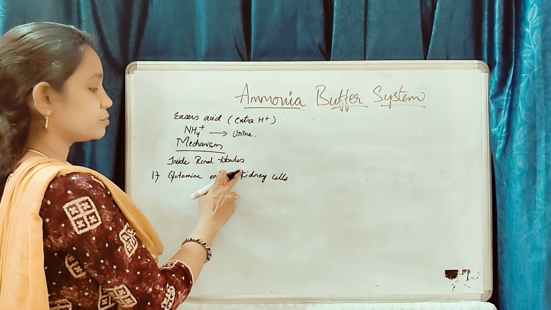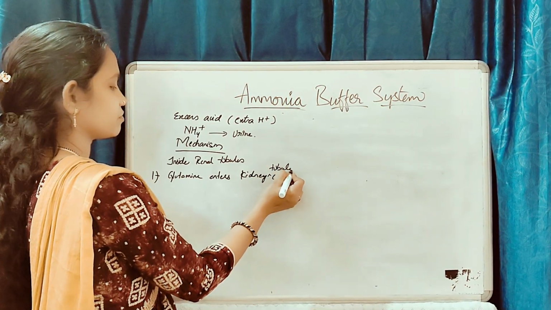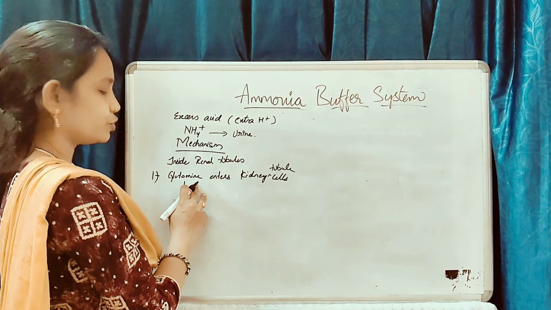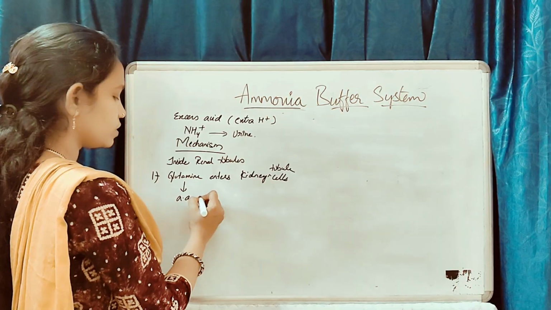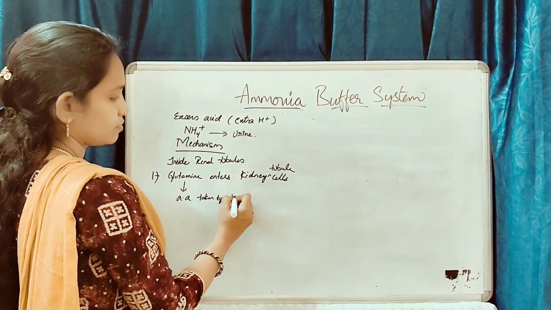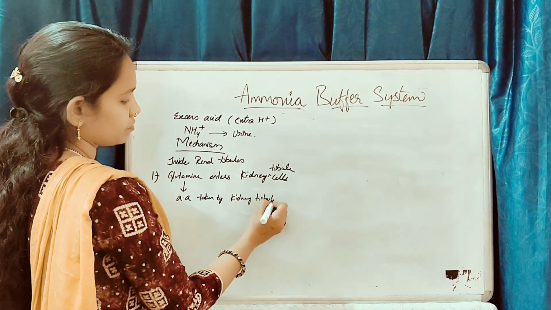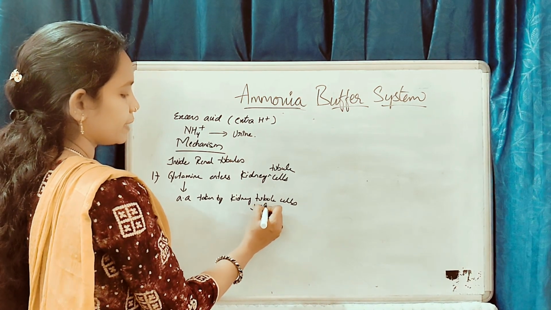Tubule cells, renal tubule cells or kidney cells, both are the same. Now, how is this glutamine produced? Glutamine is actually an amino acid which is taken up by the kidney tubule cells from blood.